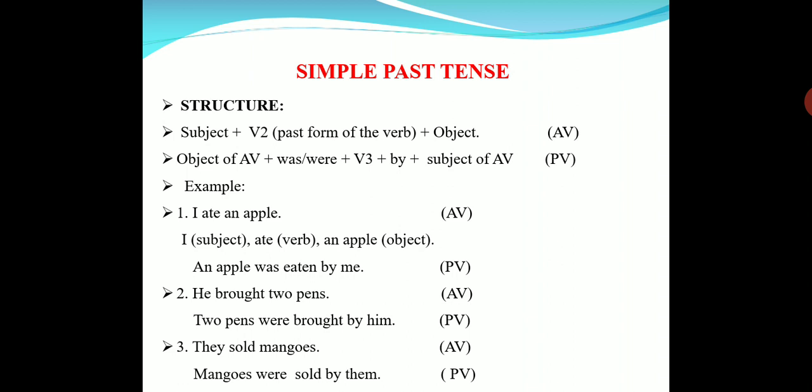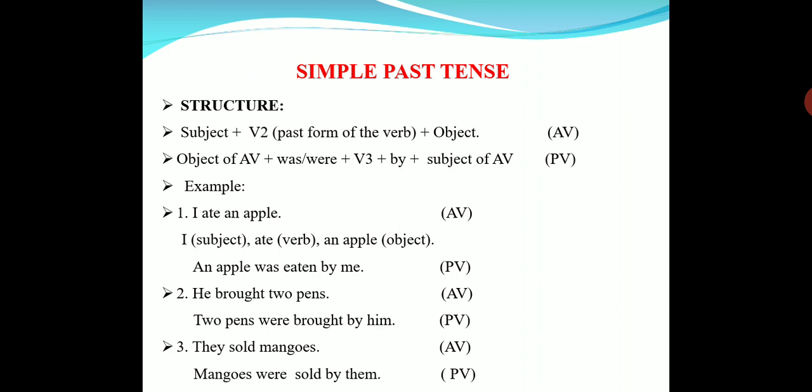So be form apple is singular, so we use was. And V3 form of ate is eat, ate, eaten. Eaten we write. And then we add by, and then I becomes me in the place of object. Okay. An apple was eaten by me is the full sentence.